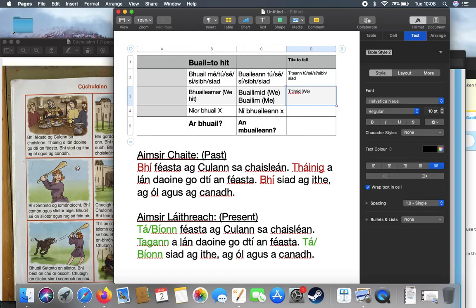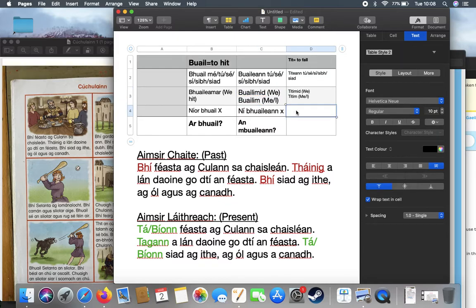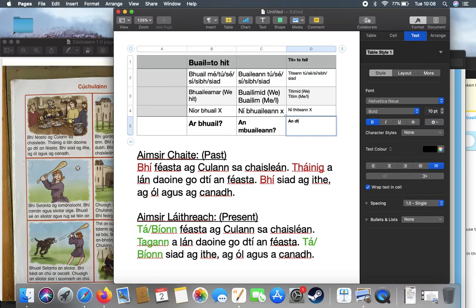Because it's present tense, it'd be titim for me or I fall. And it would be ní thiteann for negative. And it'd be an dtiteann for the question. I'm going to increase the size of everything there.